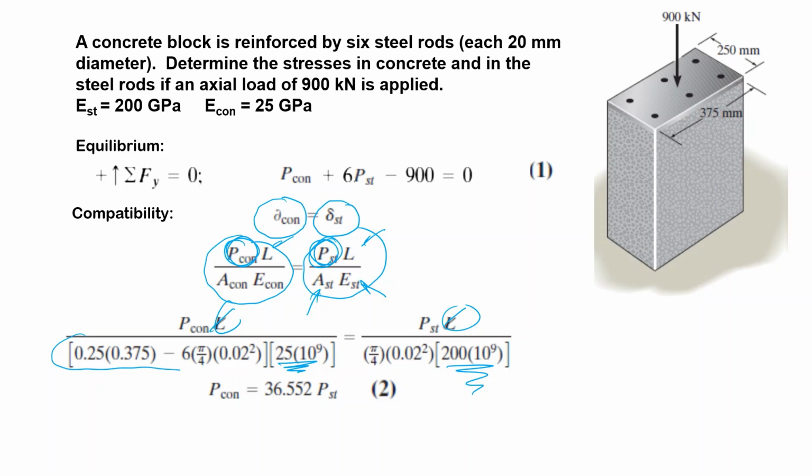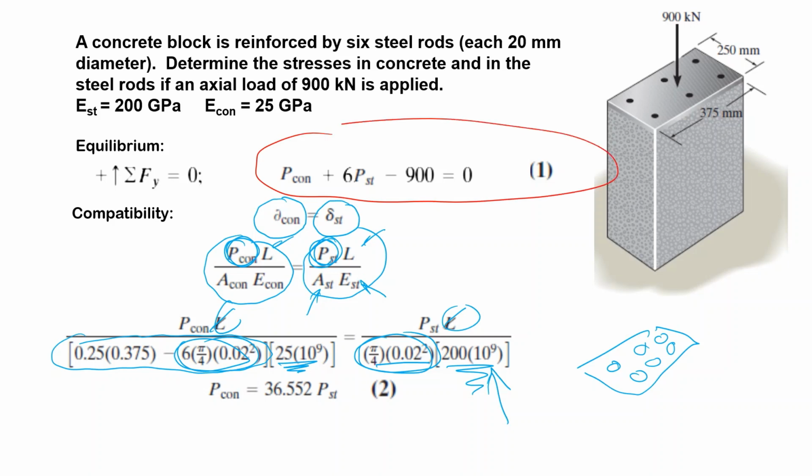This is the concrete's cross section, the total cross section minus the 6 holes for the rods. And here you have the cross section of the rod and the elastic modulus of the steel. As you see, I have two equations, equation number 1 and equation number 2.